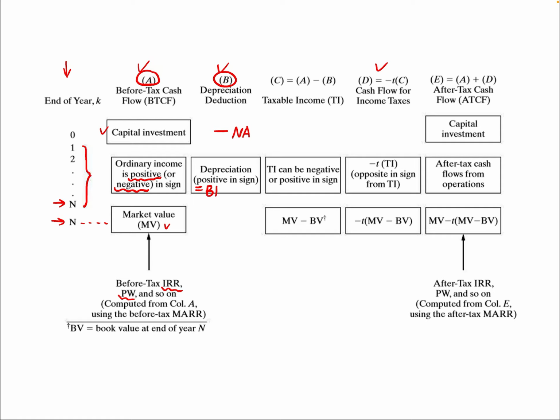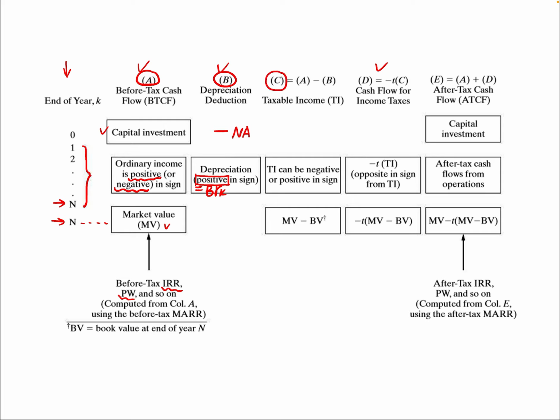So this is going to be B times RK if you're using the GDS method, okay? Or in the problem, maybe you will be given the depreciation deduction for each year. You just need to fill the table up, but you need to understand those numbers listed here will be positive numbers.